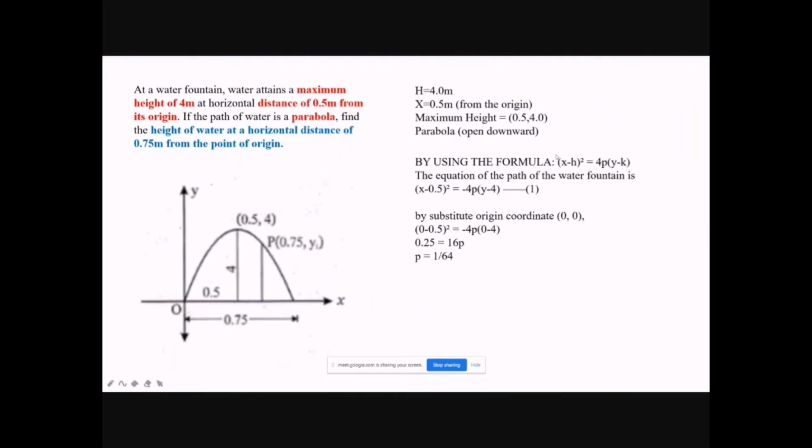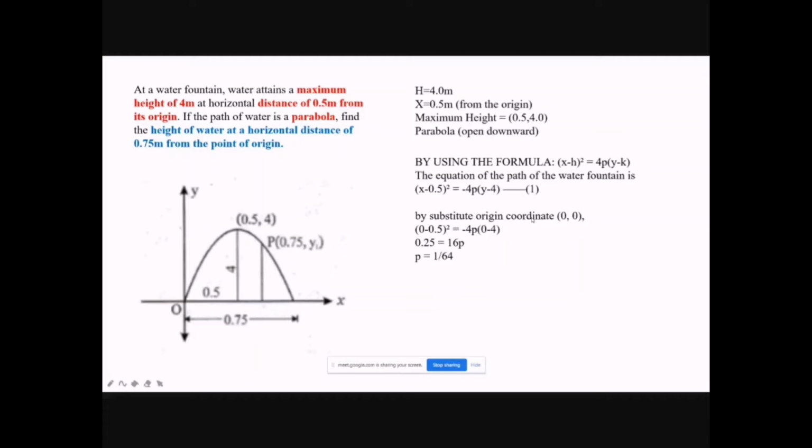By using the formula (x minus h) square equals 4p multiplied by (y minus k), the equation of the path of the water fountain is (x minus 0.5) square equals negative 4p multiplied by (y minus 4). The negative here indicates the parabola opens downward.